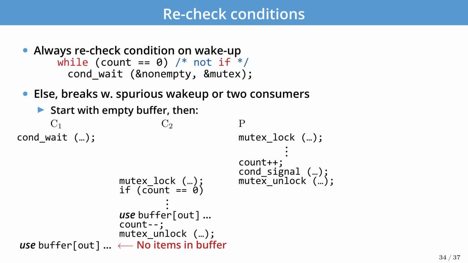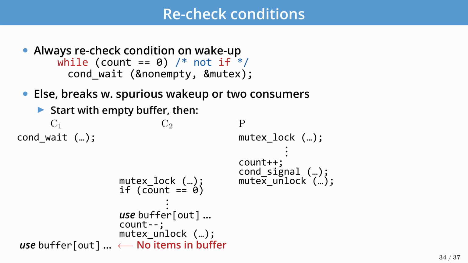The reason this is possible is that condition wait doesn't reacquire the mutex atomically with the wake up. So when condition wait wakes up, it's possible that another thread could enter and acquire the mutex before condition wait reacquires the mutex for you. It then executes and consumes the item, and then there are no more items in the buffer.